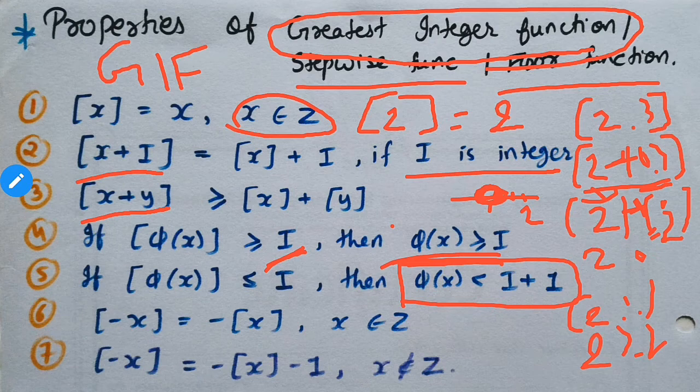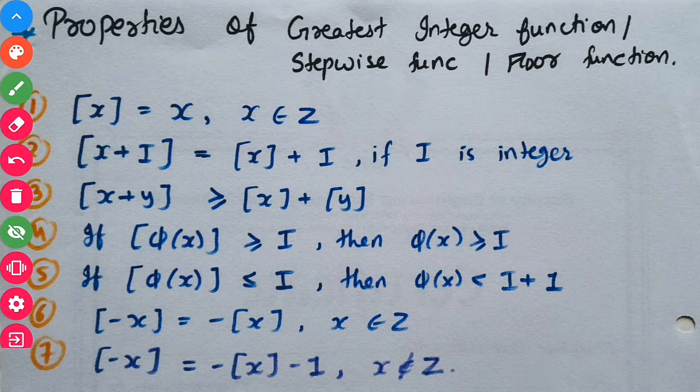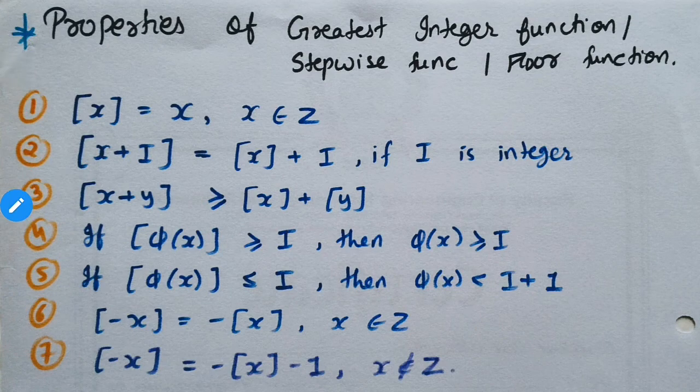Let me show you, this is important one. Let's take an example. Greatest integer function of x is equal to minus 2.1. Let's take minus 2.1. So what will be its value?